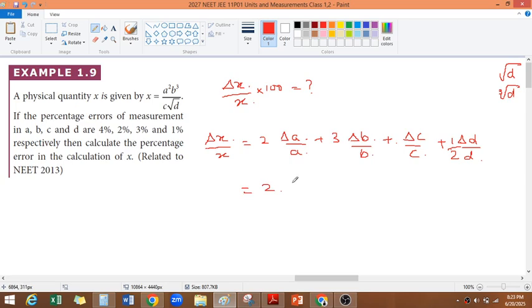Delta A is 4%, which means 4 divided by 100. Right, so that's your relative error. 2%, so 2 by 100. Delta C is 3%, so 3 by 100.